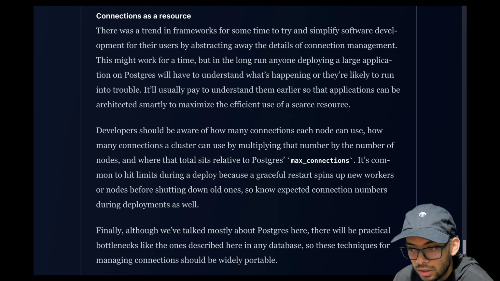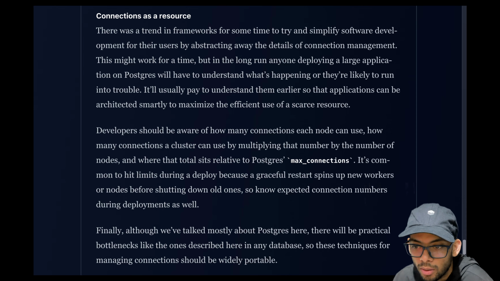So I would like to end our discussion with the last section of the blog, which makes a very important point. Earlier, and even now, frameworks and other packages try to simplify the developer experience, which is to bring in abstraction layers. And abstractions are good.